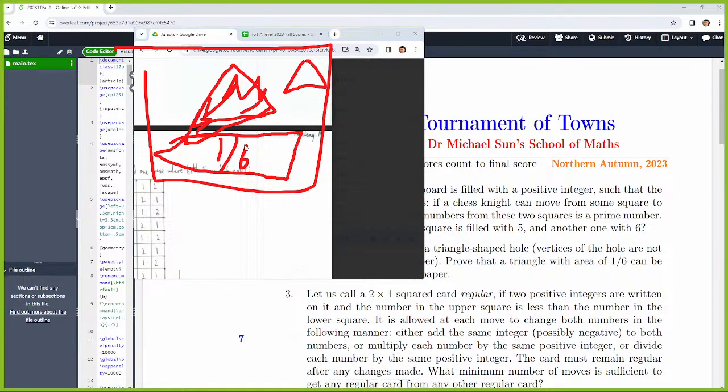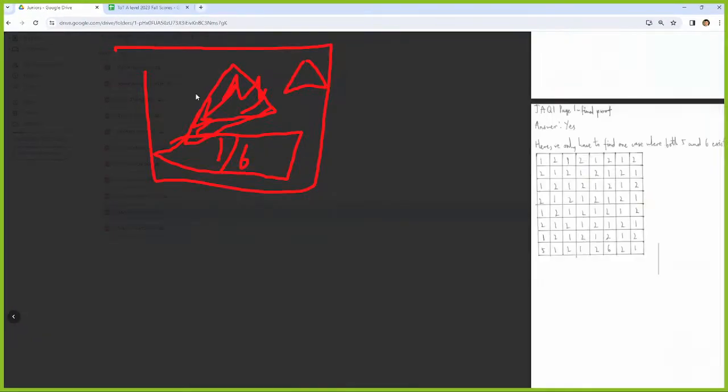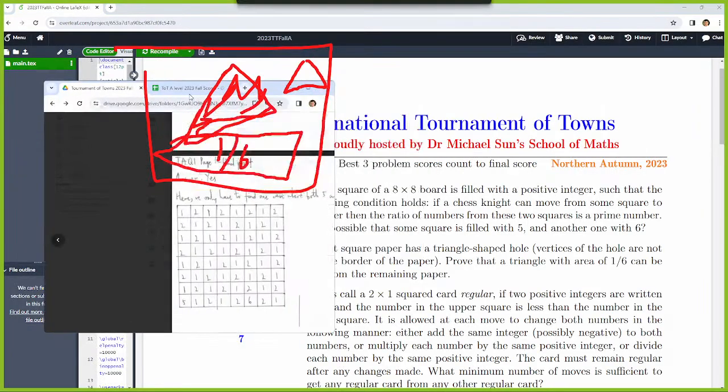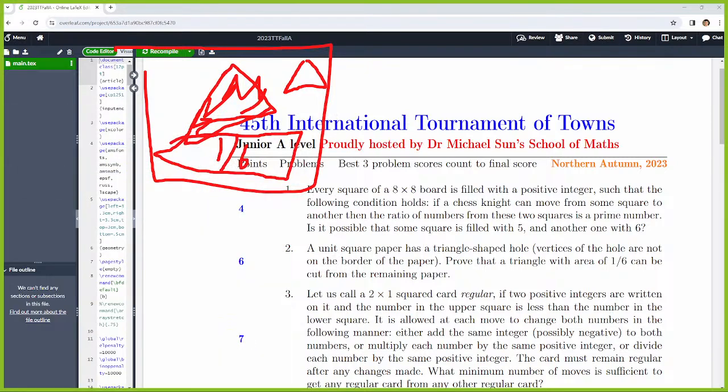Okay, let me just enlarge this. Right, sorry, I don't know, is it lagging? Let me put it on the screen for a second.